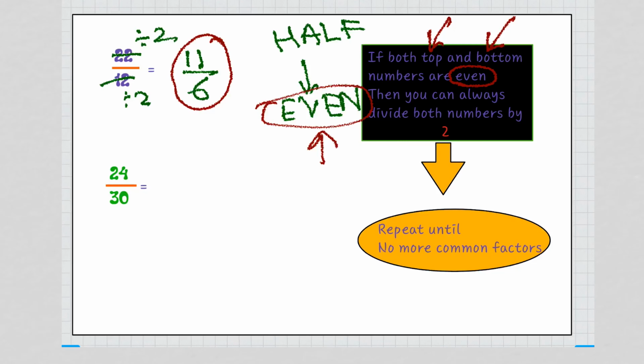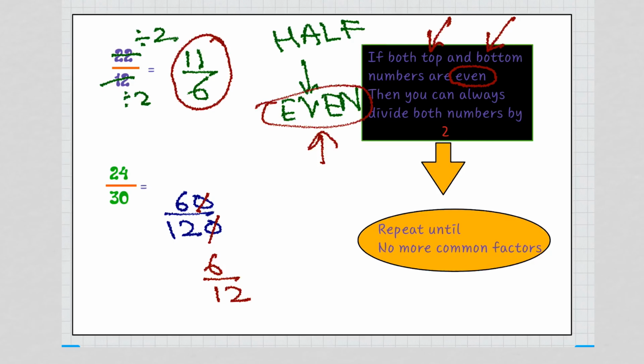Sometimes you will come across fractions like this, 60 over 120. In this one, like I told you in the previous example, if you see 0 and 0 at the end, you can always get rid of them, and then you are left with 6 over 12.